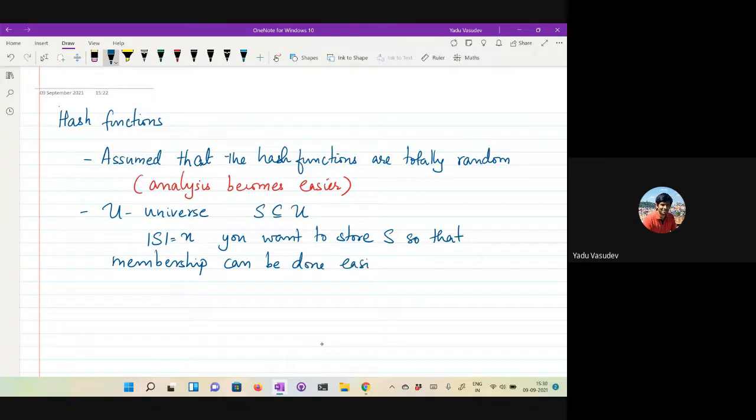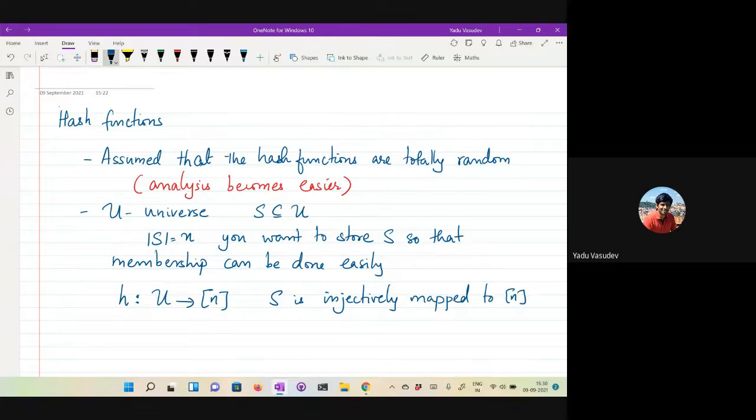So you want to store this in some easy way, and if you are to use a hash function h, it maps the universe to a set of size n, so that you're hoping that S is injectively mapped, so that you can easily check whether a given element is in S or not by looking at the corresponding map and seeing whether that is equal to the element in S.